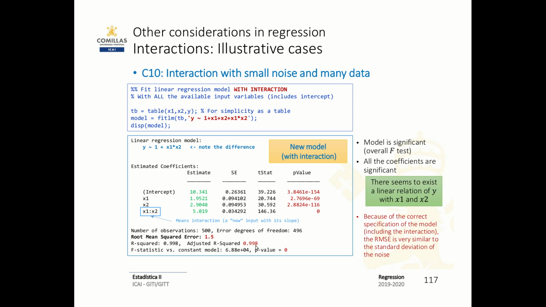The R-squared is extremely good. The p-value of the model is extremely good. And this notation is the one from MATLAB to indicate the interaction. This is the coefficient, this is beta 3, the coefficient that goes in front of the term x1 times x2.